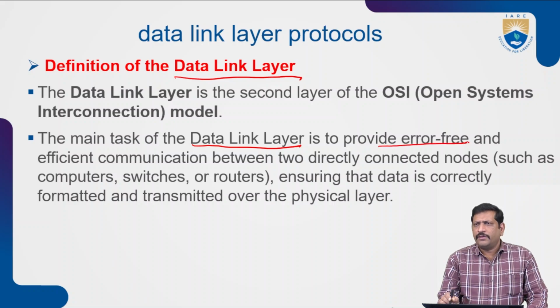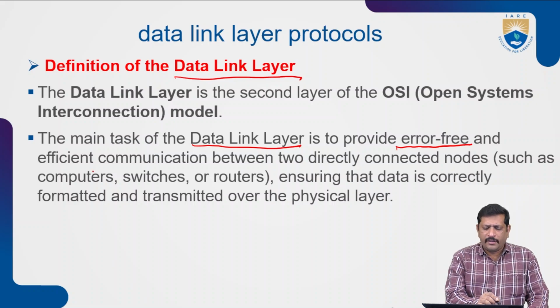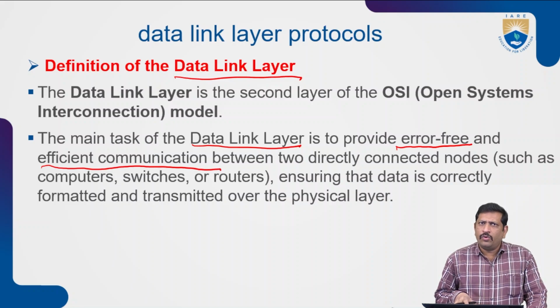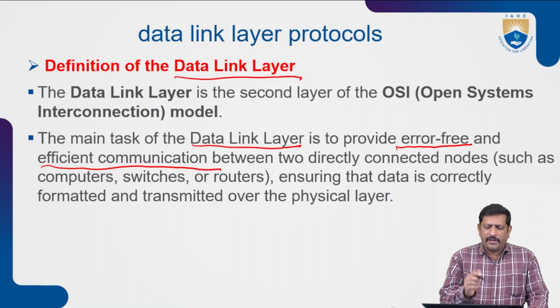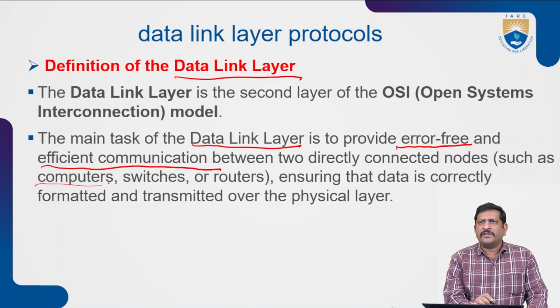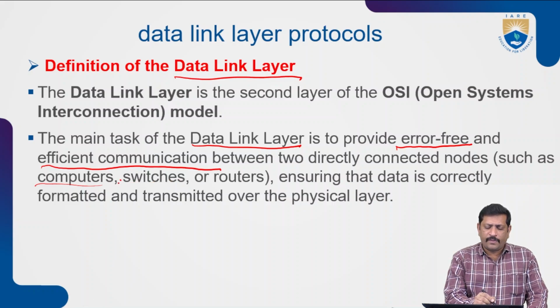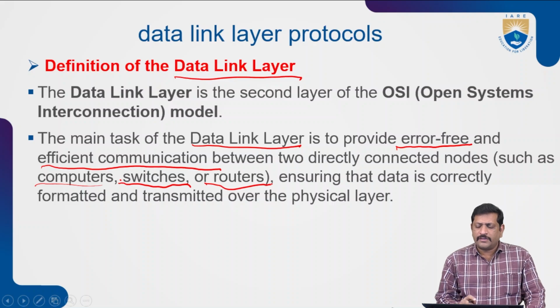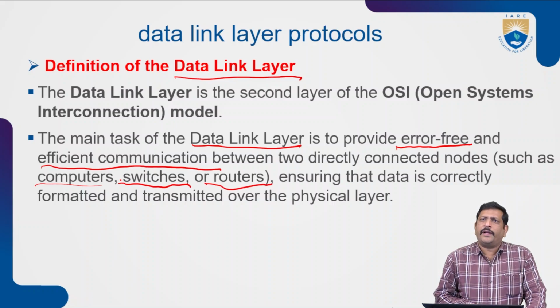Data can be transferred without error from one device to another device, so efficient and effective communication can be established between the two connected nodes. Nodes may be computers, switches, or routers; these are considered the connected nodes.